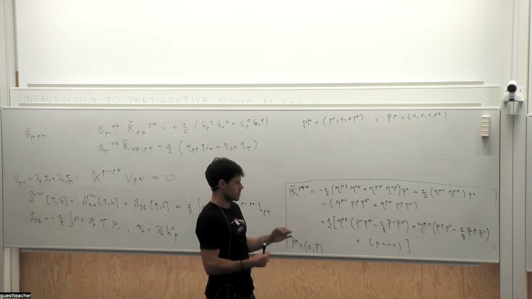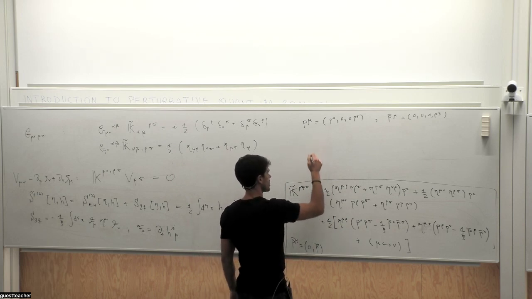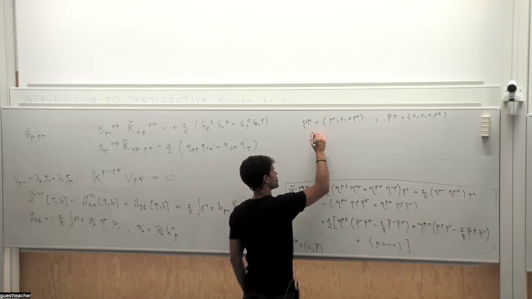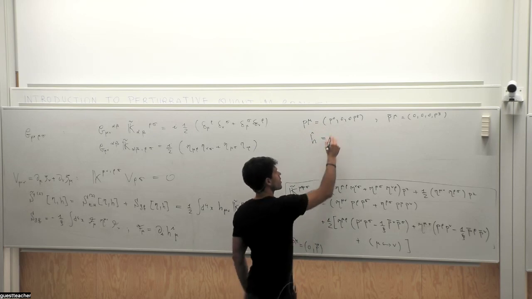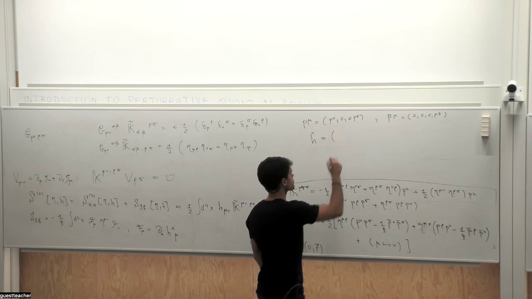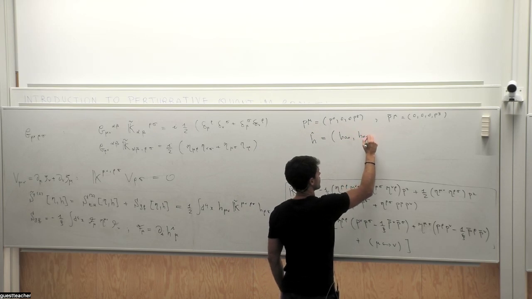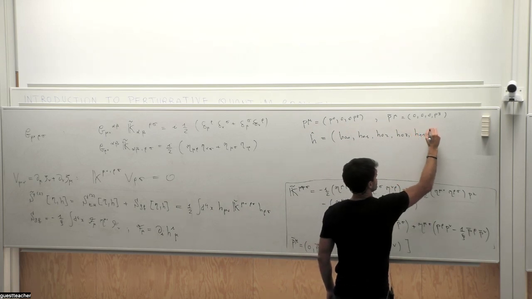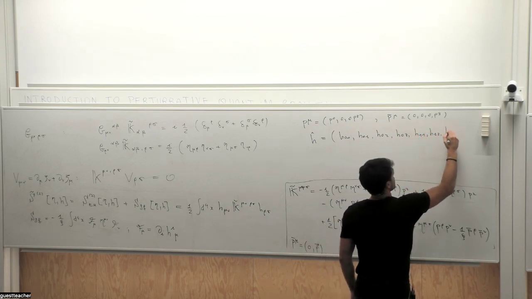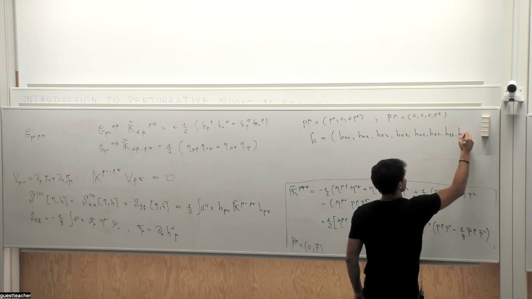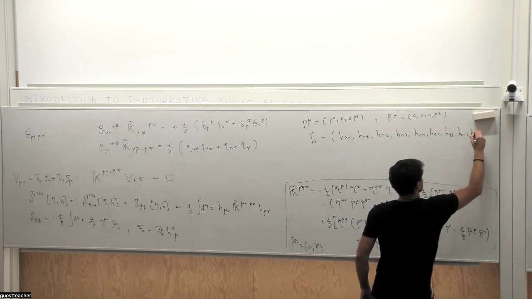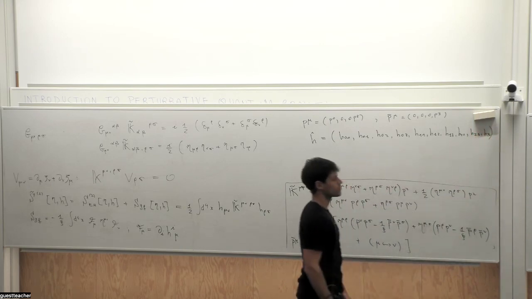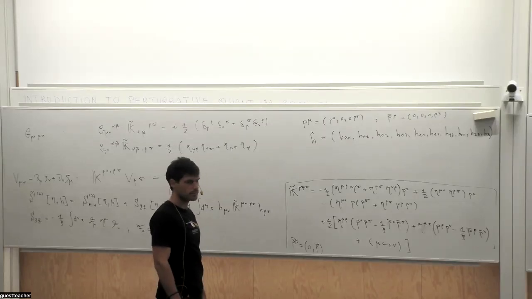There is a nice way to invert it, which is the following. In the notes, you can find all the details. So basically, first, you define a vector h hat, which is 10-dimensional, so it has 10 components: h00, h01, h02, h03, h11, h12, h13, h22, h23, h33. This is a vector with these components.